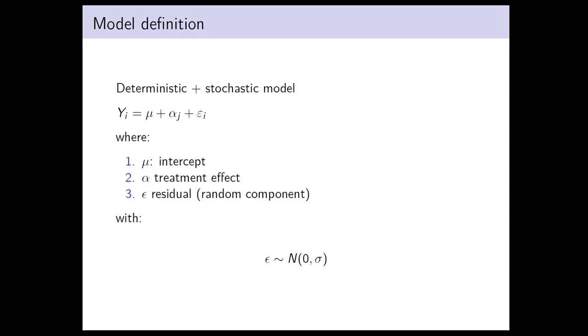Maybe the weight, the pots were not equal. Maybe the amount of soil inside the pot was not equal. Maybe the seeds were not equal, and they certainly were not equal. There is individual variability, so some seeds were more resistant than others to the treatment. Okay, some seeds were more quickly growing at the beginning.